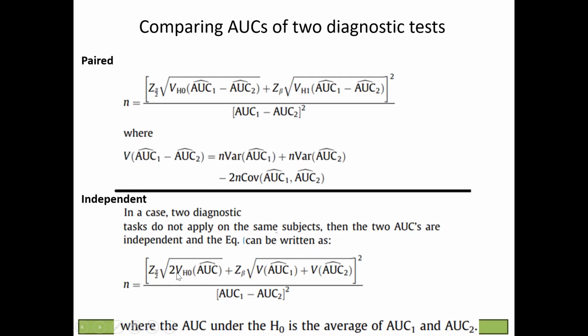Whereas this AUC under H0 is the average of AUC1 and AUC2. So this is how we can calculate using the previous formula for the variance of AUC which I have described.